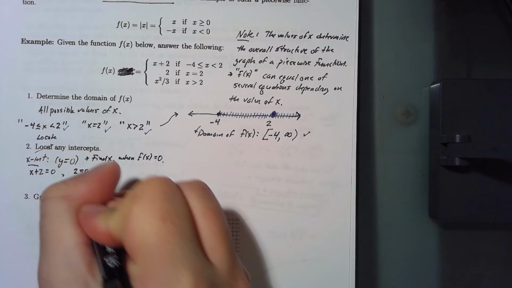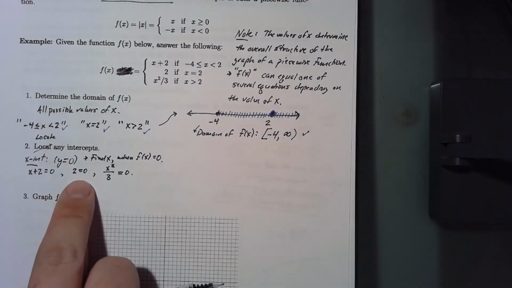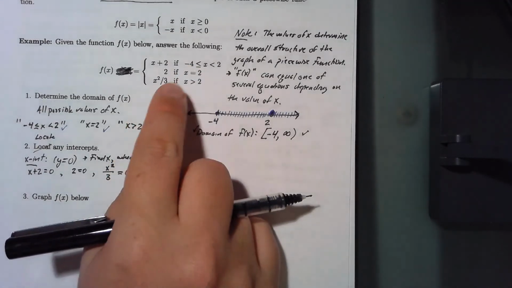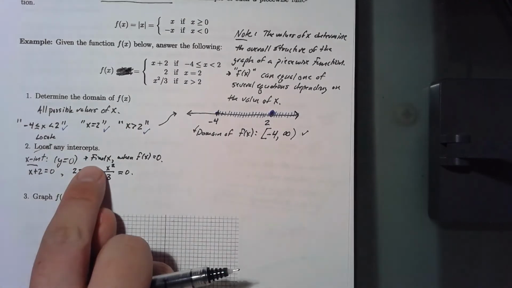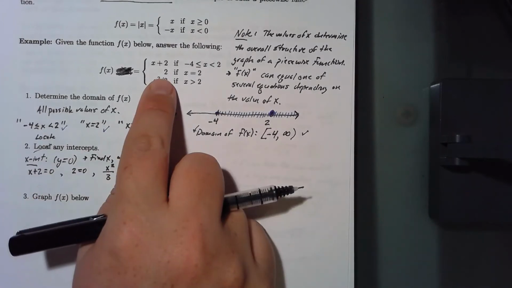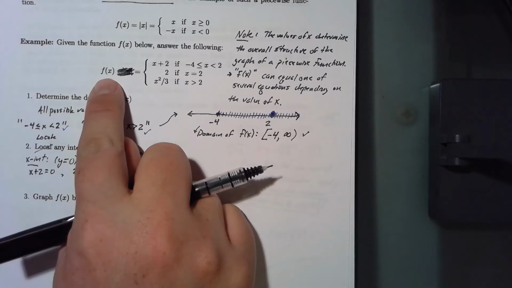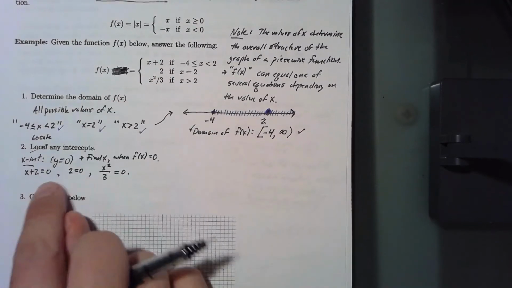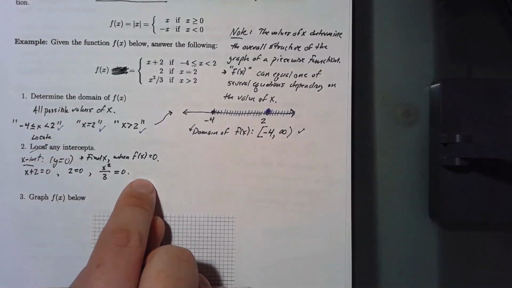I know this looks a little confusing compared to what you usually do, but I'm just following the steps. I'm just trying to find x when the function equals 0. My function is 3 different things, so I'm going to set all 3 equal to 0. Now let's look at each one.